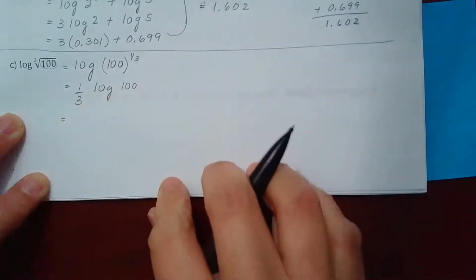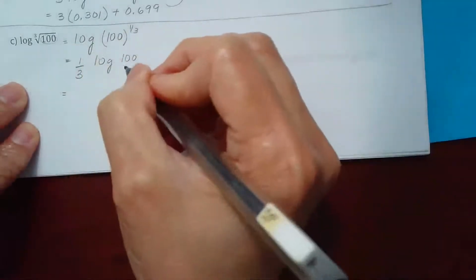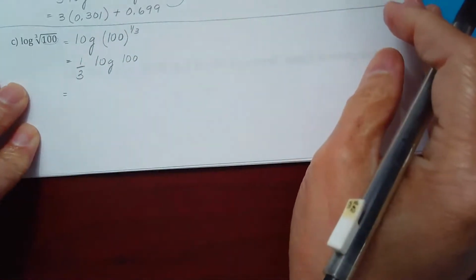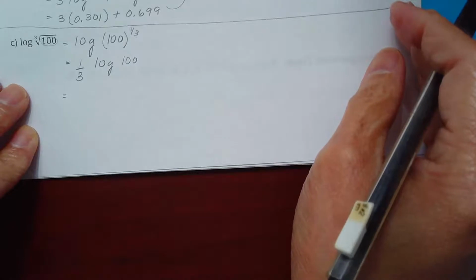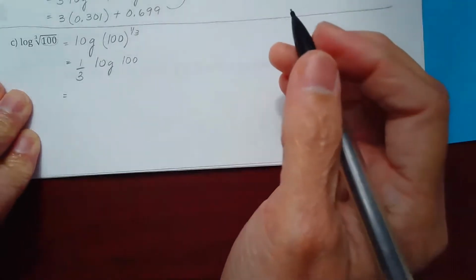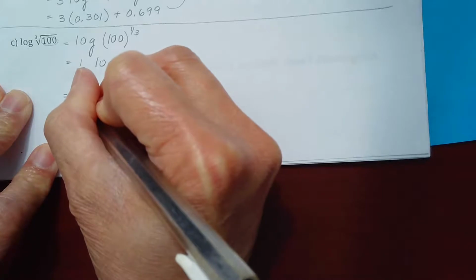And how do we get 100 from using just 2 and a 5? So 5 squared will give us 25, and then 2 squared will give us the 4. So that gives us 100.